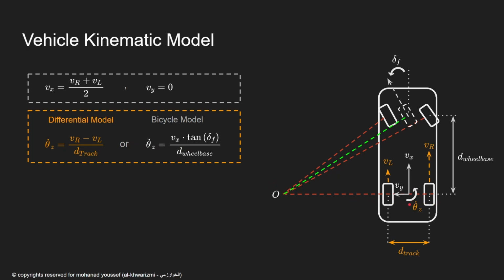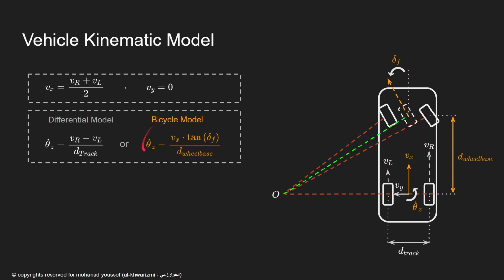And for the heading rate, we can derive it with two approaches or two models. The first one is the differential model. We take the difference between the right and left wheel velocities and divide by the track width. Or we can use the bicycle model. If we have a sensor that measures the steering wheel angle, we can convert it to get a prediction for the delta f value, the actual wheel angle on the road.